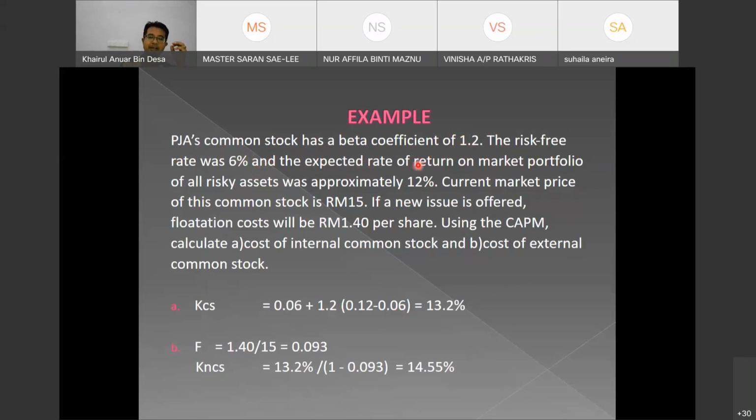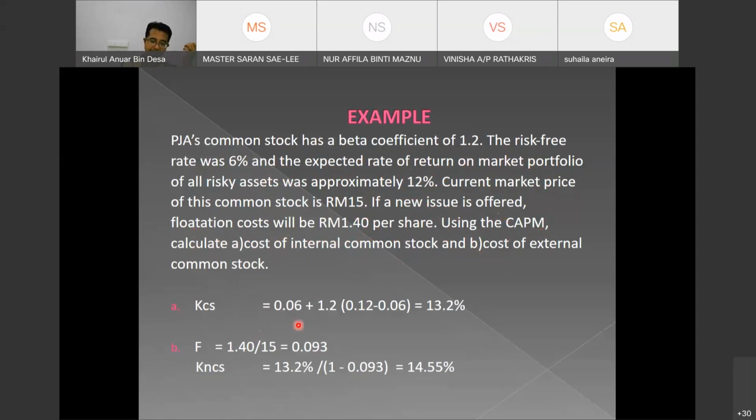It is 1.2, risk-free rate 6%, expected rate of return on the market portfolio 12%. Current market price of common stock is 15, new issue offered, with acquisition cost 140 per share. Using the CAPM, calculate the cost of internal common stock and the cost of external common stock.